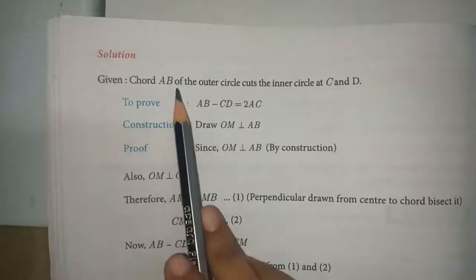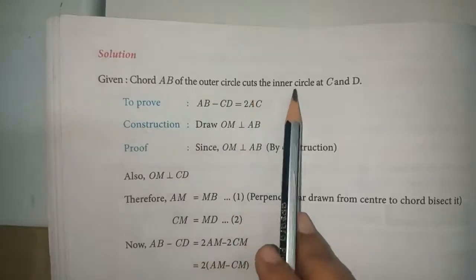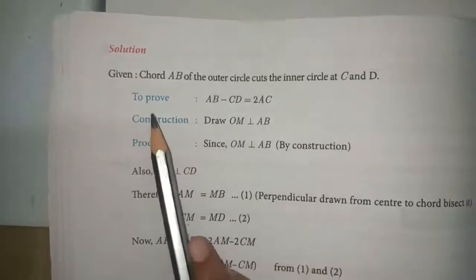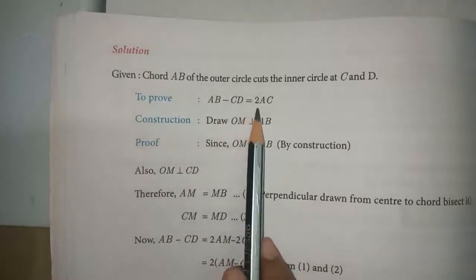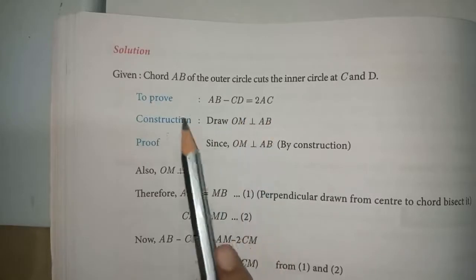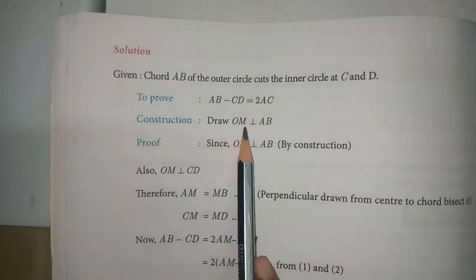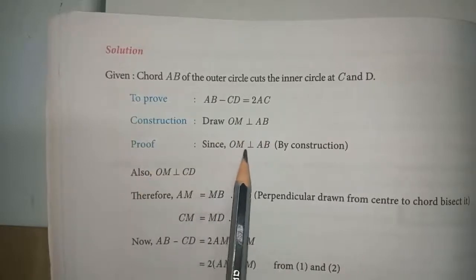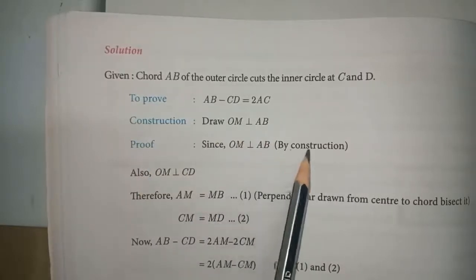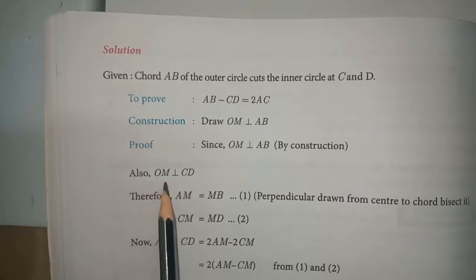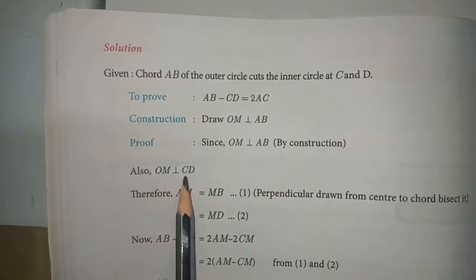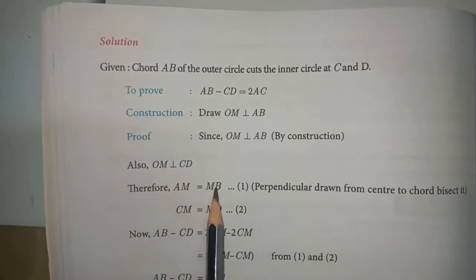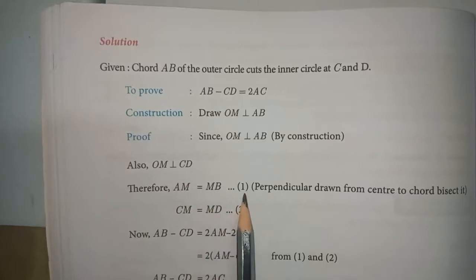Solution: given chord AB of the outer circle cuts the inner circle at C and D. To prove AB minus CD is equal to 2 times AC. Construction: draw OM perpendicular to AB. Proof: since OM is perpendicular to AB by construction, also OM is perpendicular to CD. Therefore AM is equal to MB, which is equation number 1.